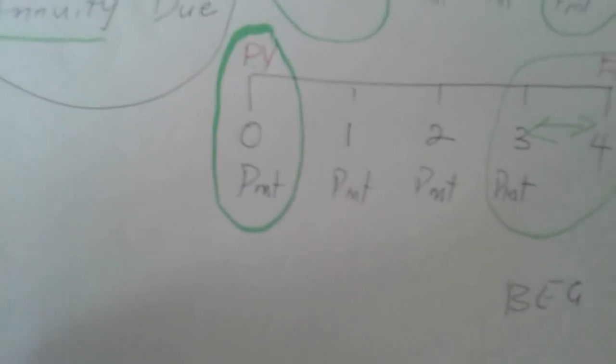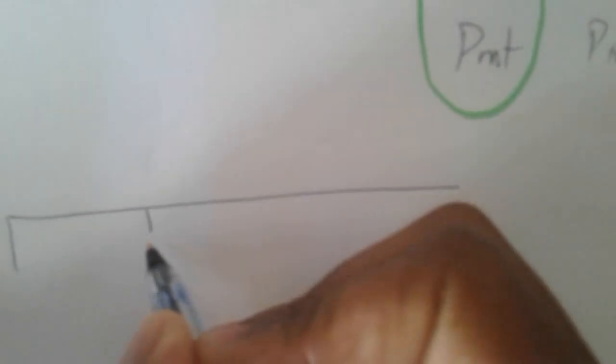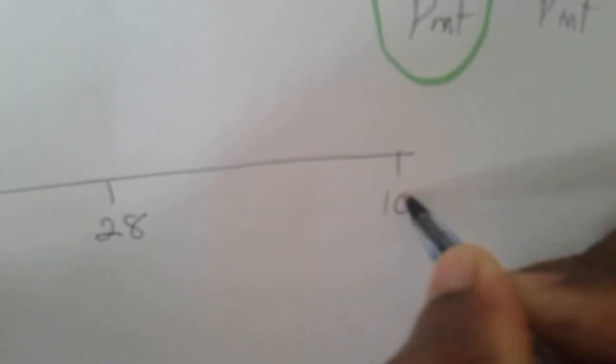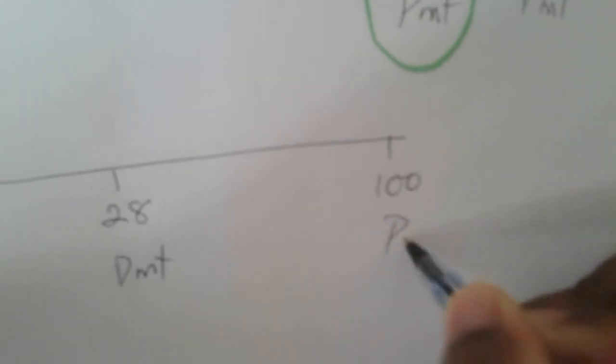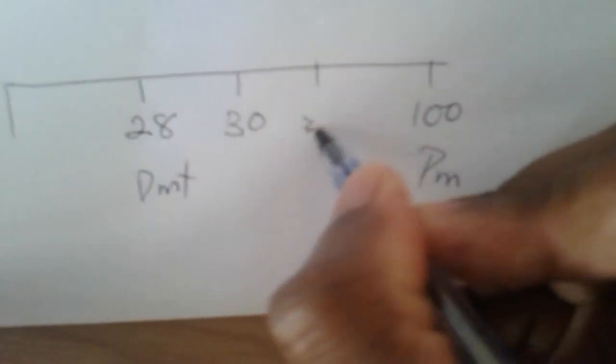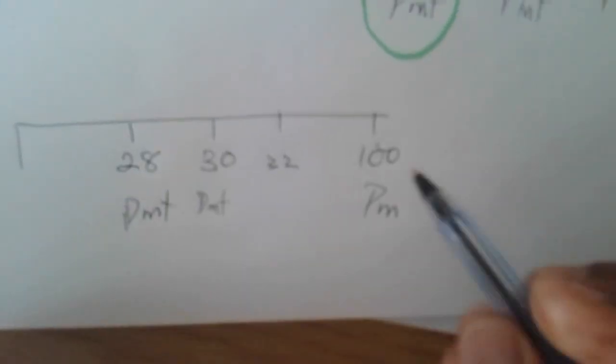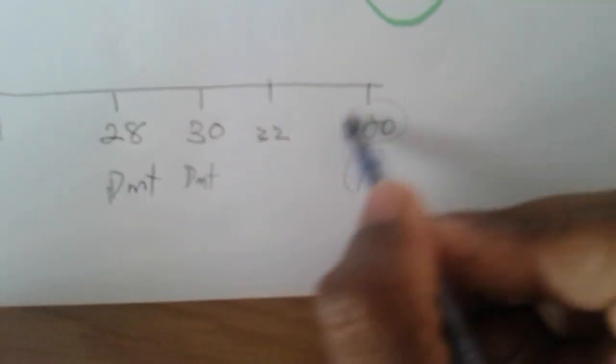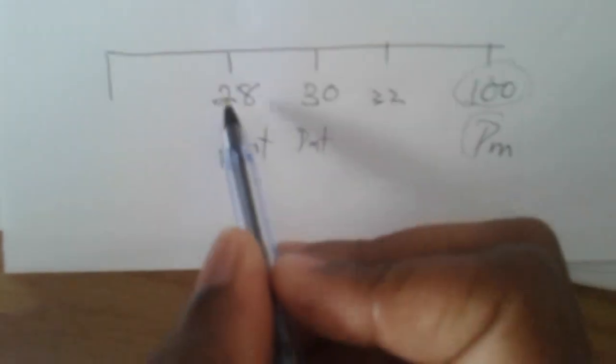Now let me give you another scenario. Let's say we are given a timeline, and you are told here that there's 28, and here there's 100, and there's payment here, and there's payment here. So let's say you want to know how many payments are there between 28 and 100, and you are told that your payments are 2 monthly. So from 28, the next payment is at 30. The next one 30. But of course, you can't do this up to 100. So let's find a way that will make life easy. So what do you do? You go to the last payment, that is number 100. You now come to the first payment, that's number 28.